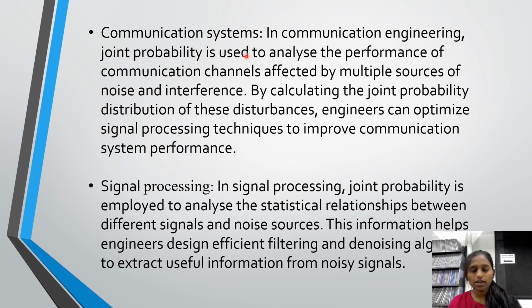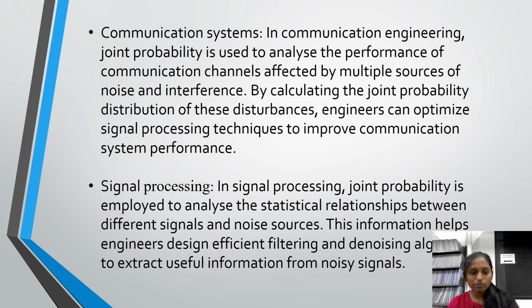Communication systems. In communication engineering, joint probability is used to analyze the performance of communication channels affected by multiple sources of noise and interference. By calculating the joint probability distribution of these disturbances, engineers can optimize signal processing techniques to improve communication system performance.